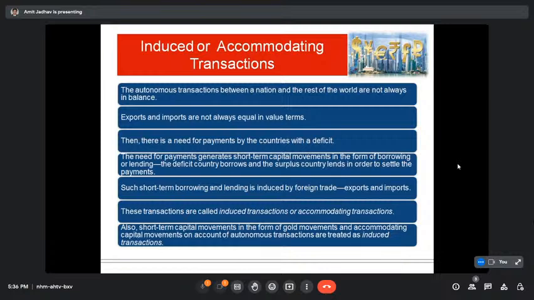So basically, these transactions are called induced transactions or accommodating transactions, and also short-term capital movement, gold movement, and accommodating capital movement on account of autonomous transactions are treated as induced transactions. Basically, short-term movement for fulfilling the deficit problem in the balance of payment will happen.